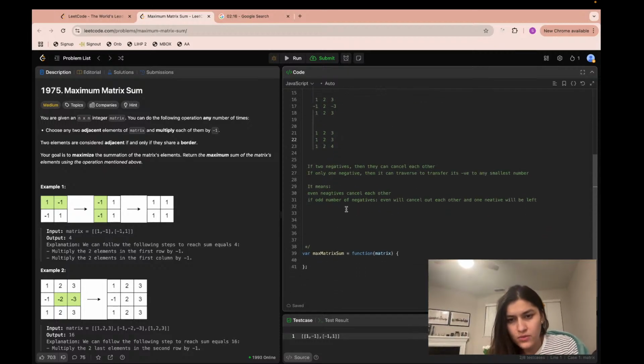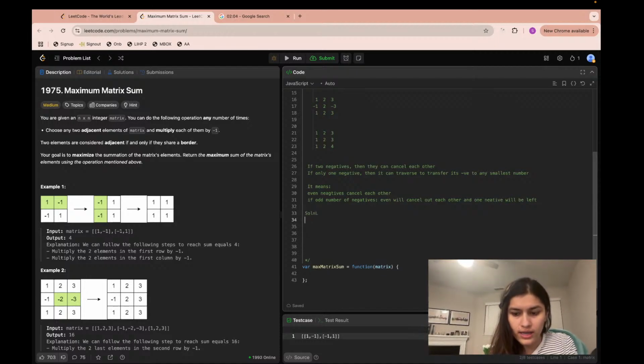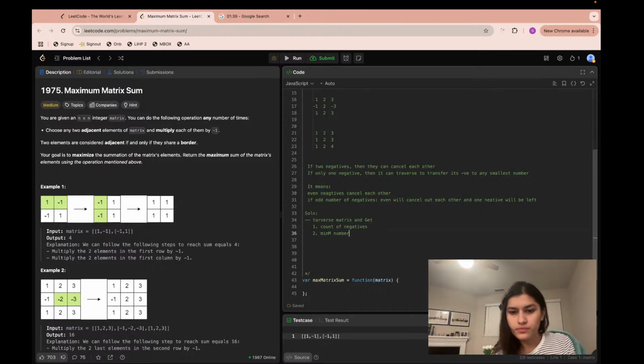So that is why I should first count how many negatives there are. The solution is, I can just traverse the matrix and get these things: first, the count of negatives, and second, the minimum absolute number, the smallest number.